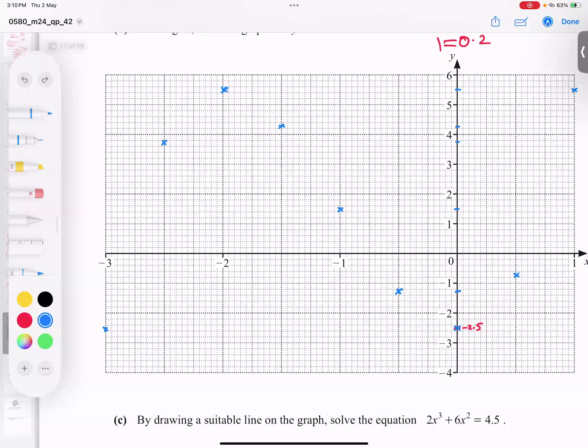Now, how to join? Some students join directly. Totally wrong. Don't join directly. Okay, make a smooth curve. Let me try to make it.